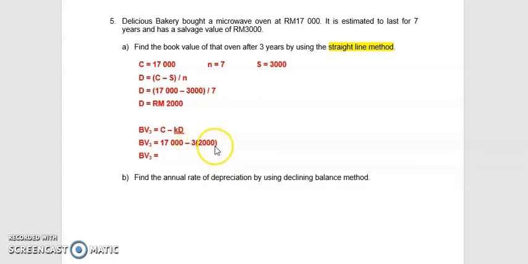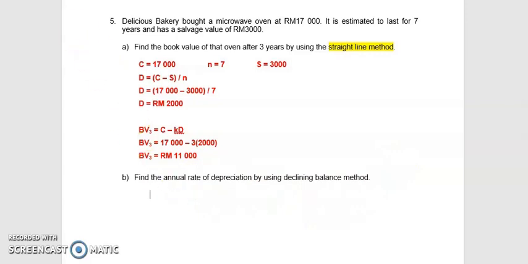So 3 times 2,000 is 6,000, and 17,000 minus 6,000 is 11,000. So if you want to sell this microwave oven after using it for 3 years, you can sell it at 11,000.